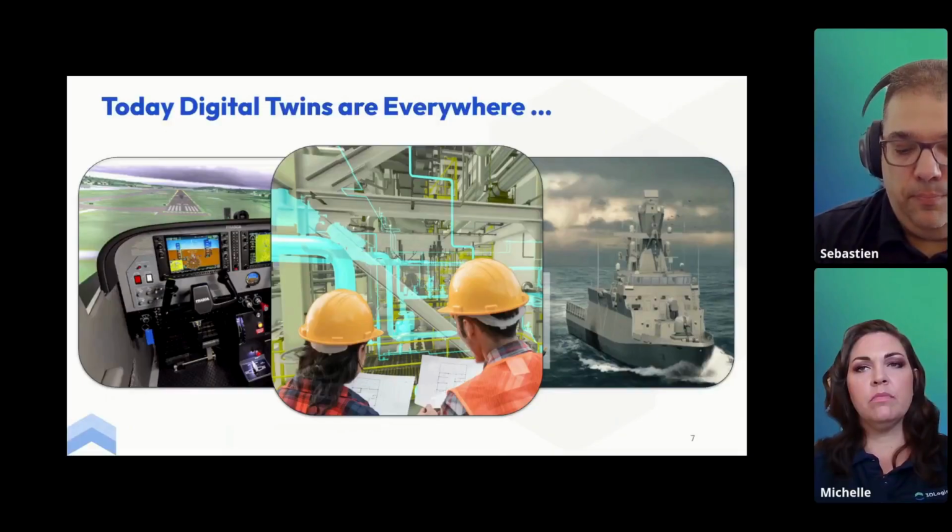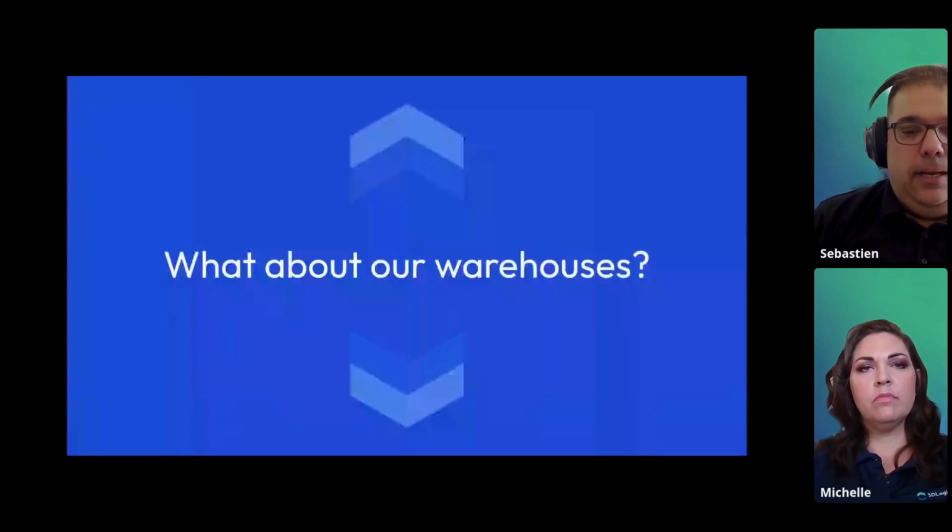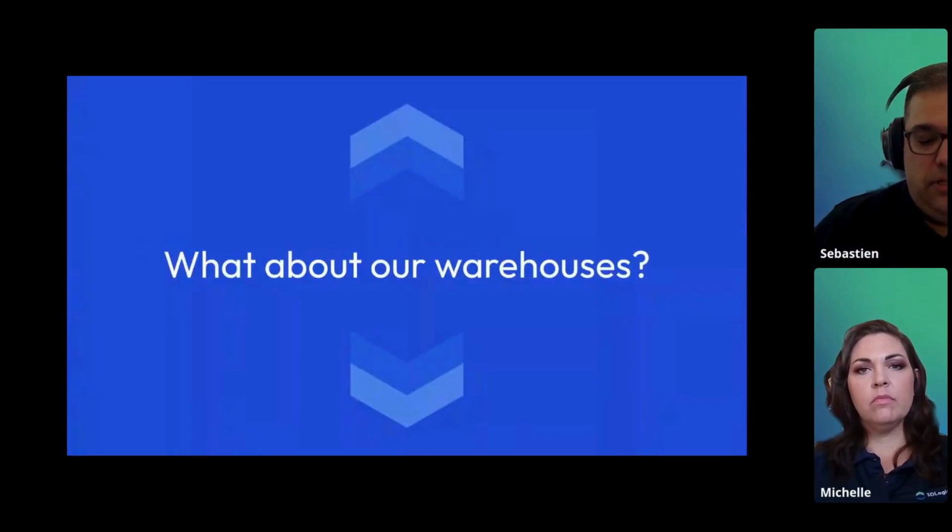But in the warehouse and supply chain sector, it's not something that's been really thought about so far, other than some very specific or unique use cases for sometimes doing simulation, but nothing used live in a live warehouse or supply chain environment.